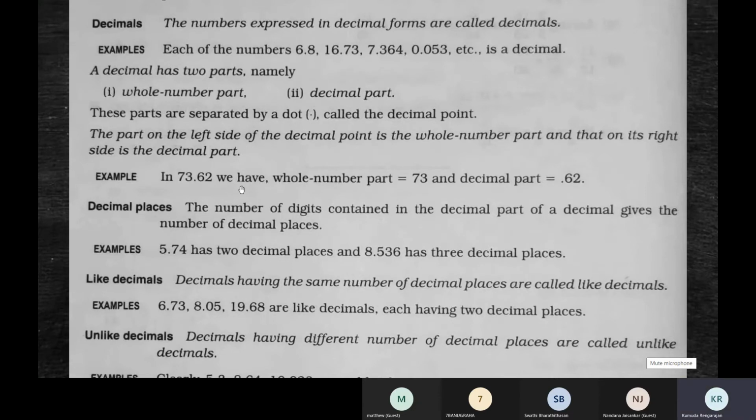See the example here: 73.62. The whole number part is 73, and the decimal part is 62.